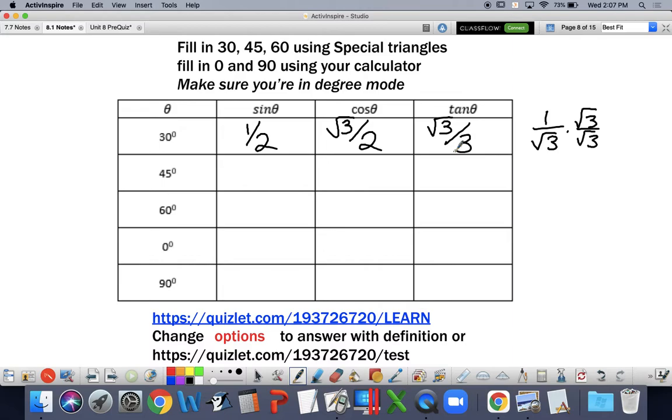Questions on how I got those? I'd like you to do these two rows yourself, using those small triangles that have side lengths of 1 to help you figure out what those values are.